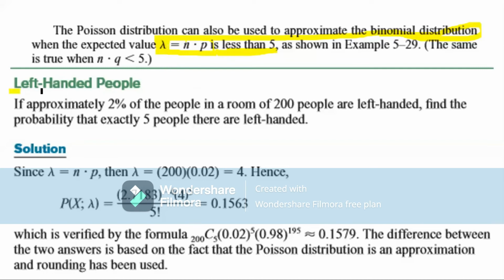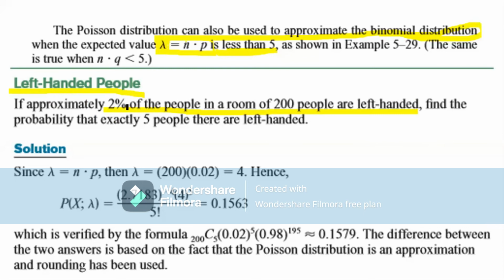यहाँ पे एक example दी हुई है कि left-handed people. अब लोगों का left-handed, right-handed होना ये बिल्कुल ही एक binomial variable है। ठीक है, person या तो left-handed होगा या वो right-handed होगा। तो आपको सवाल दिया हुआ है कि 200 लोगों का जो room है उसमें 200 लोग मौजूद हैं और approximately 2% of the people in a room are left-handed, right. 2% जो है ये probability given है, right?